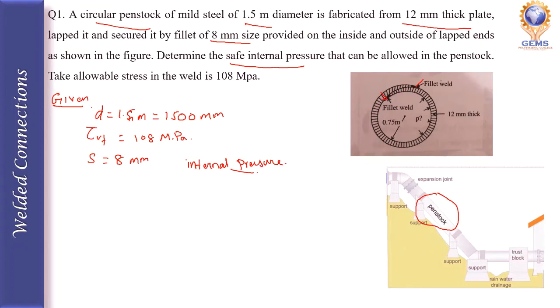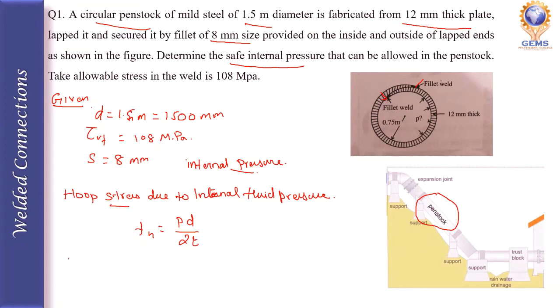The hoop stress due to internal fluid pressure is FH is equal to P into D divided by 2 times the thickness. So this is the hoop stress.